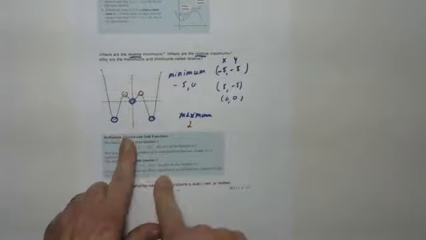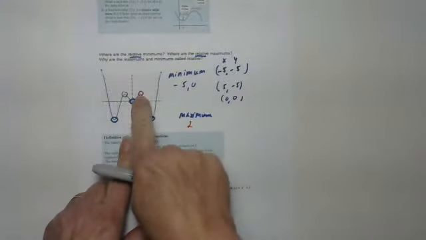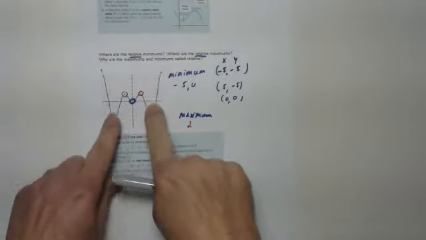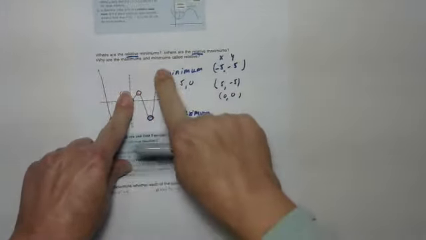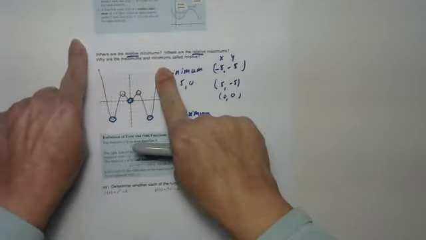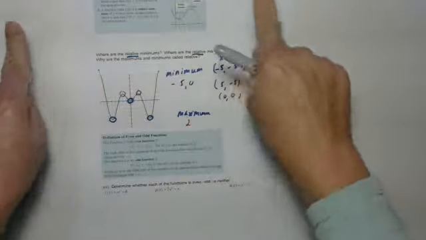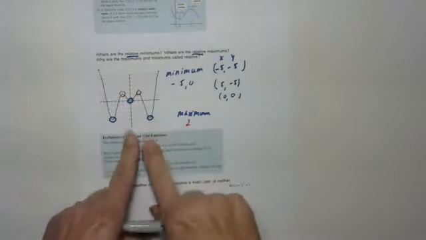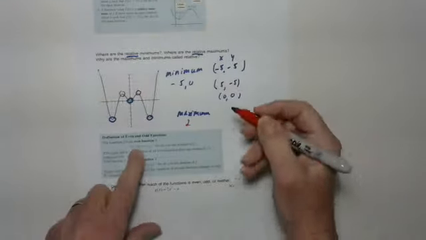Again, this word relative is used because these points have the largest y values in this particular area. Notice our function increases to -infinity and +infinity in terms of x, and +infinity in terms of y, so all these points would be larger, but it doesn't negate the fact that these are relative maximums in this particular area of our graph.